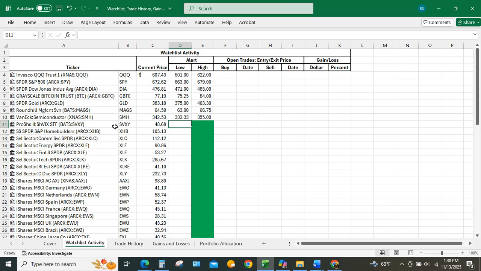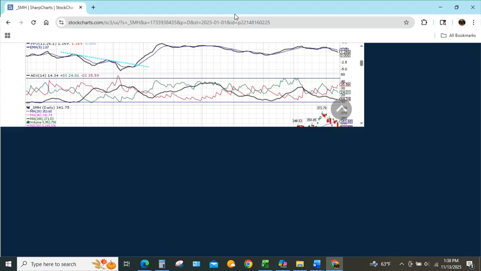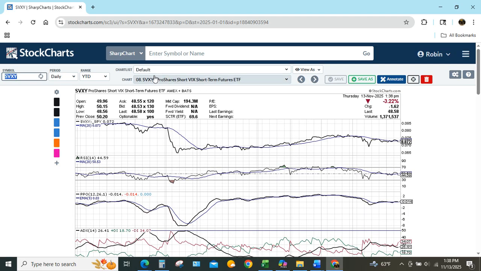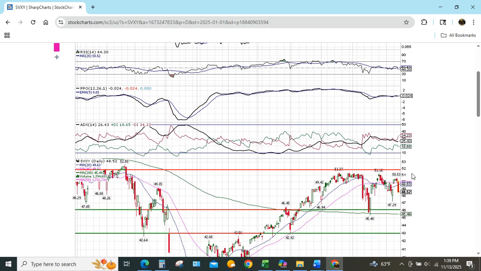Next is the SVIXY, which is the inverse of the volatility index. So right now, because volatility is entering the market, this is going down. There are several different ETFs that follow the volatility index, and this one is just an inverse.